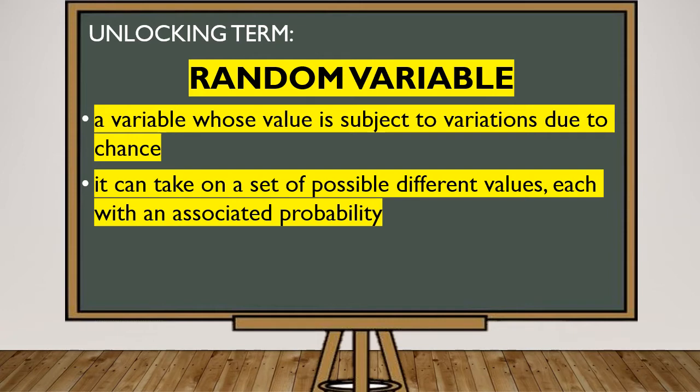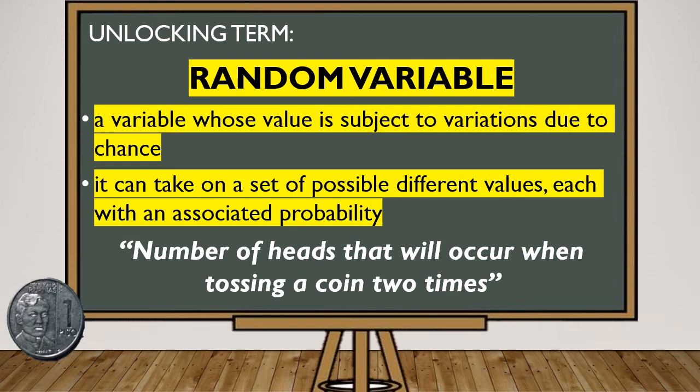In our previous lesson, we determined possible values of a certain random variable. Example, the number of heads that will occur when tossing a coin 2 times. Our random variable here is the number of heads, and it is determined by chance because when you toss a coin, you do not know what will happen or what will occur.